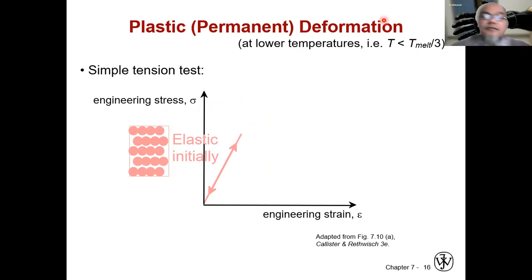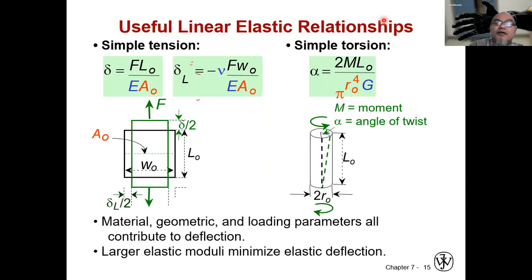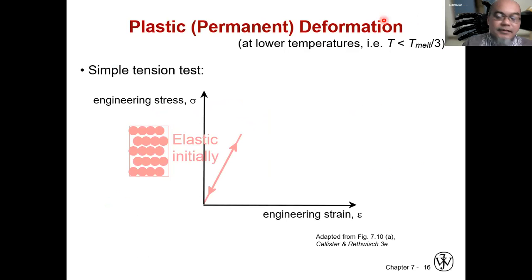Okay, all these formulas apply when the materials are being deformed in the linear elastic region. As we discussed in one of the slides earlier, when we further deform, the material will undergo plastic deformation, in which case the deformation will be permanent. At lower temperatures, defined as temperature lower than 1/3 of the melting temperature, it looks like this.